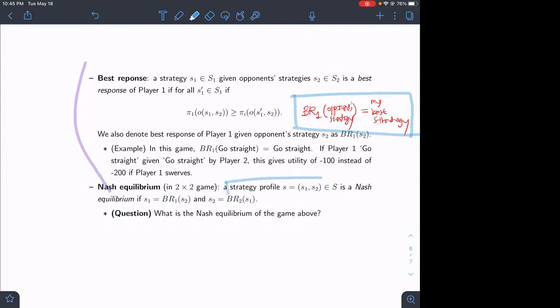Focusing on all of the strategies of all the players, it is a Nash equilibrium if S1 is a best response of player 1 based on S2, and if S2 is a best response of player 2 based on S1. So in a loose sense, we sometimes call it a mutual best response. This is how we define it.